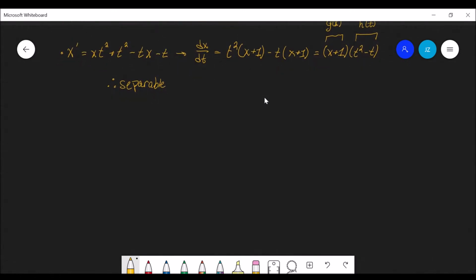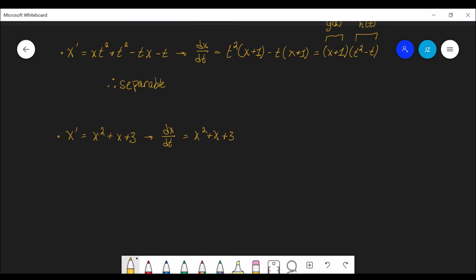Finally, let's consider the equation x prime equals x squared plus x plus 3. Now this can be written in the form dx dt equals x squared plus x plus 3.